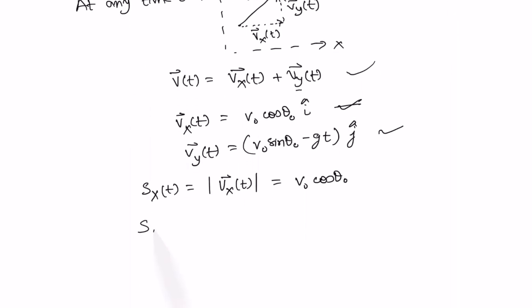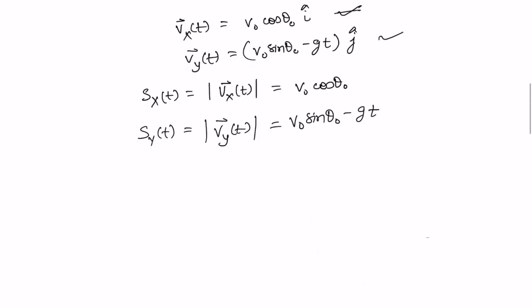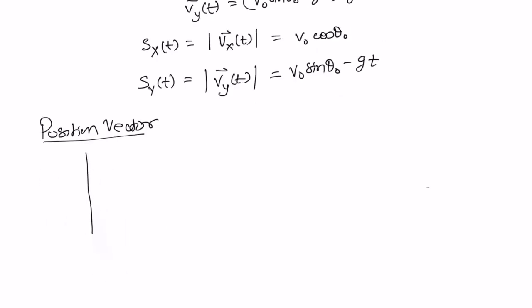Similarly, speed in the y direction as a function of time is the magnitude of vector y, which is nothing but v naught sin theta naught minus g t. Now let's do calculation of position vector. So we have y-axis, x-axis.